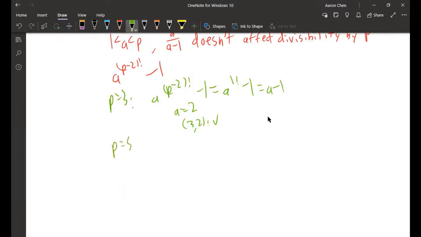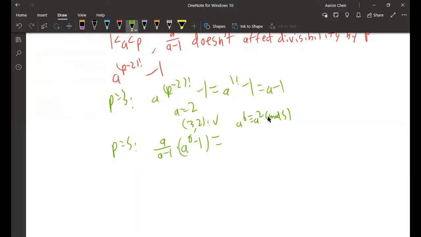And so next up we have P equals 5. And so in this case, we can see that this is equal to A over (A minus 1) times (A to the power of 6 minus 1). And so we know that by Fermat's Little Theorem, A to the 6 is congruent to A squared mod 5.